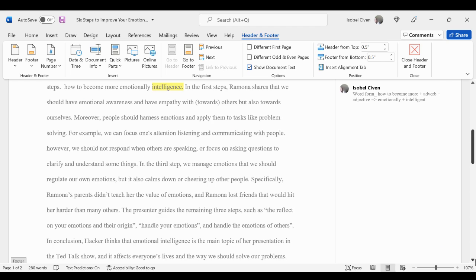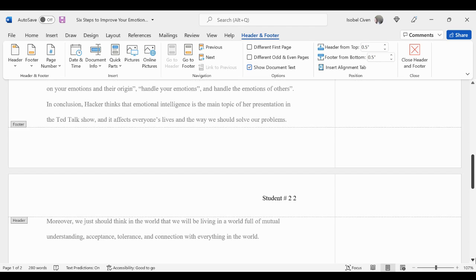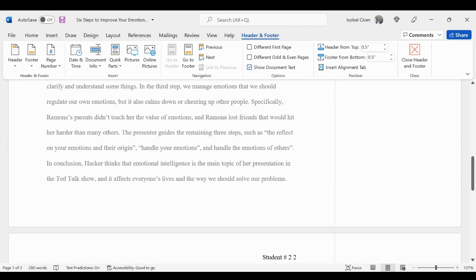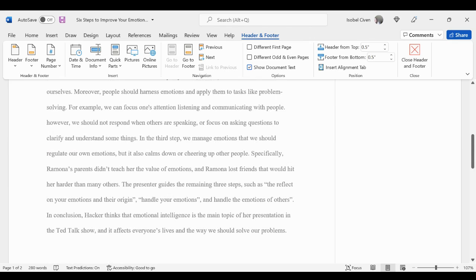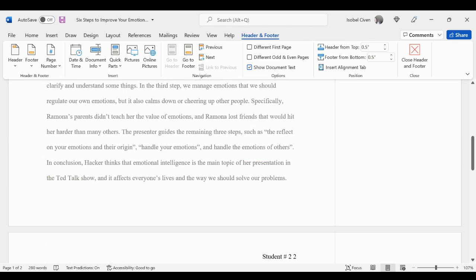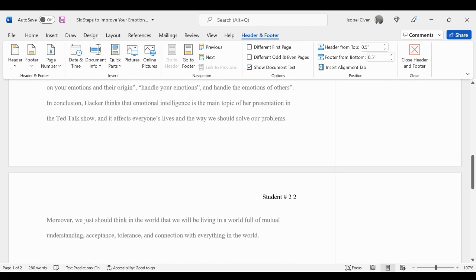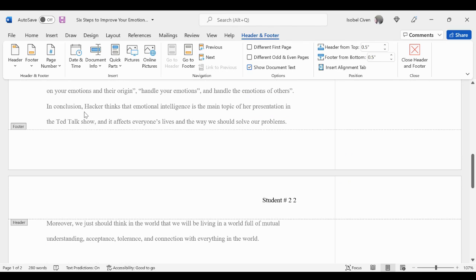Okay, and then in the end, the student gives the conclusion of the video, the last point. Let's see if I can find it. It's kind of jumpy. The last point. Okay, it begins here. In conclusion, Hacker thinks that emotional intelligence is the main topic of her presentation in the TED Talk show, and it affects everyone's lives.